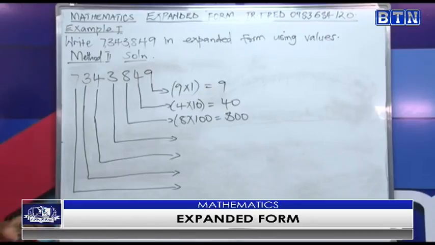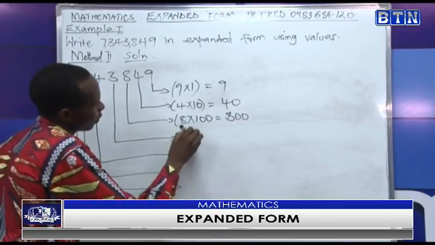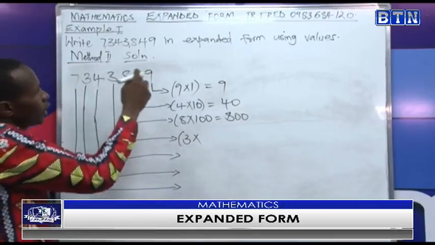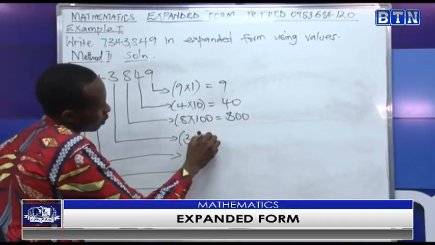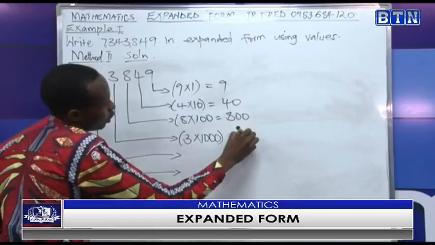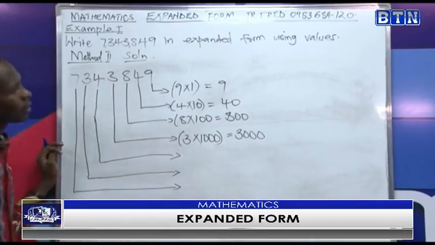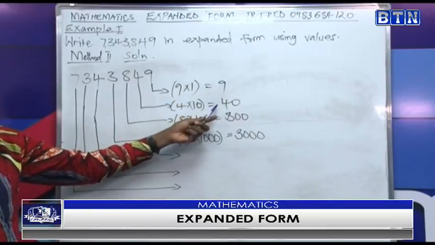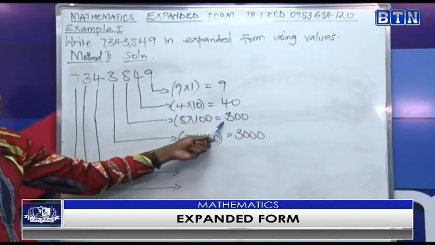Then from there, we shall continue to 3. We shall say 3 times, what is the place value of 3? It is 1,000. So I'll have to multiply it by 1,000, which will give us 3,000. First digit doesn't have one zero. The second digit has 1 zero. The next one has 2.